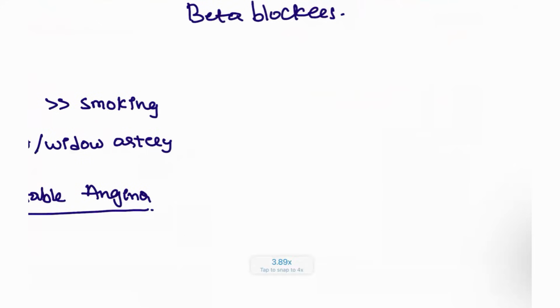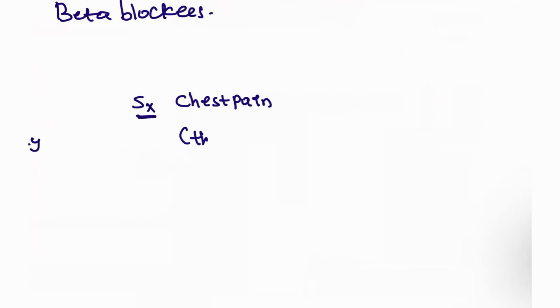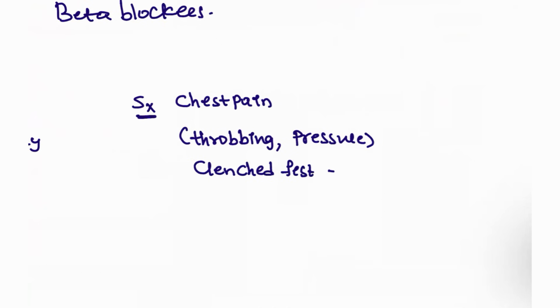The presentation of this patient will be chest pain, and how is this chest pain going to present? Basically, the patient will say it is throbbing, pressure, and they are going to clench a fist at the chest region, explaining it is pain.